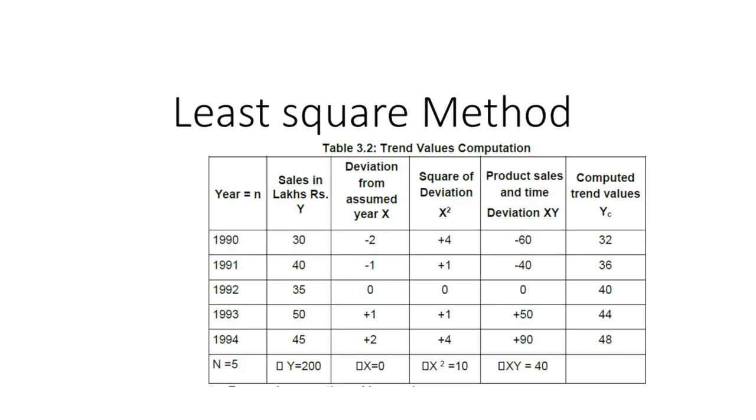Here x is equal to the time deviation, and y is equal to the product sale. Now from this table we got the summation y, summation x square and summation xy.